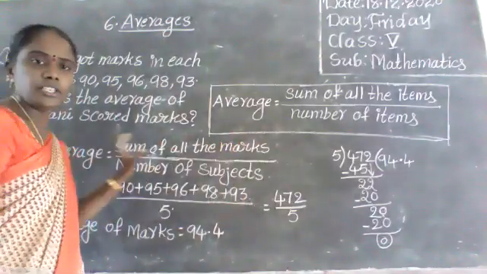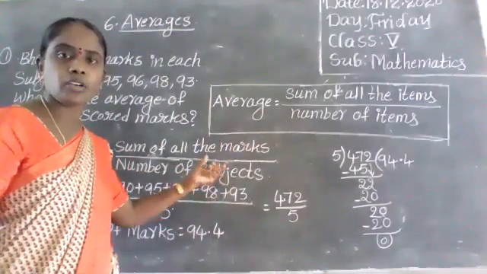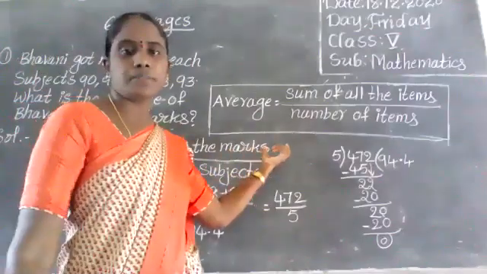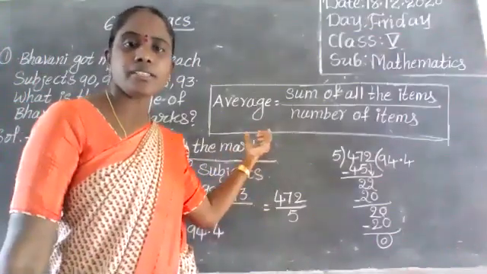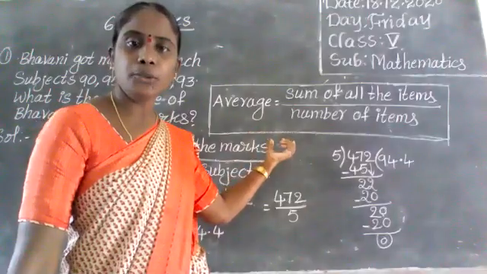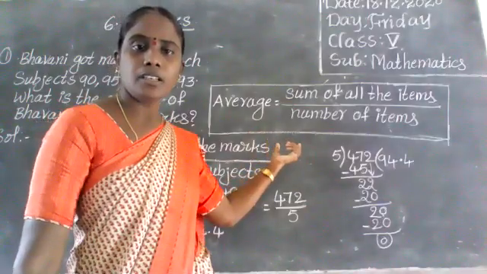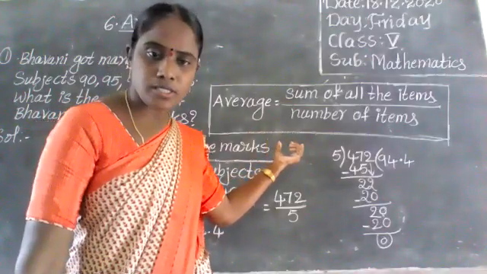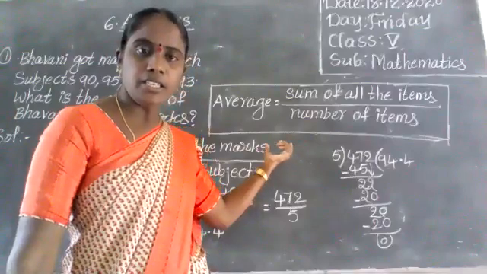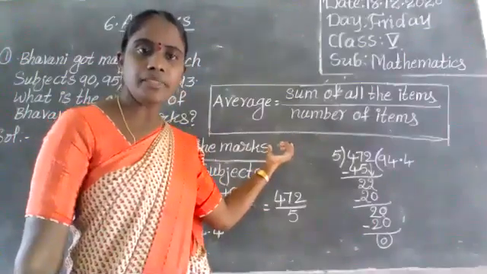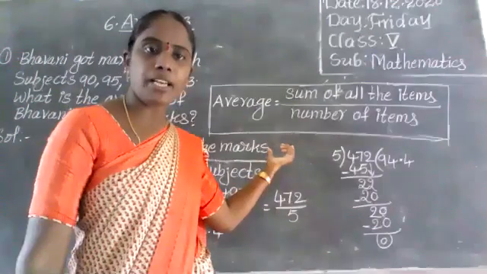Right, children. Now did you understand, Amma? How can we find out the average? Did you understand, Bhavani? Do you have any doubt? No doubts. Okay, Satvik Reddy. Next, Akshaya, Sana, Rishika, Mailara.